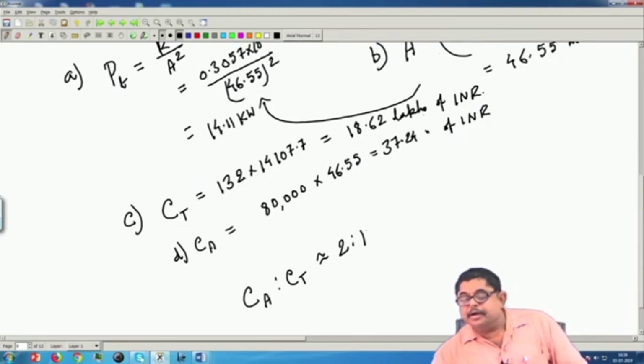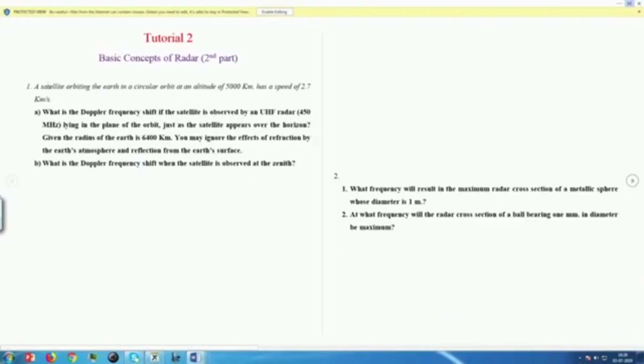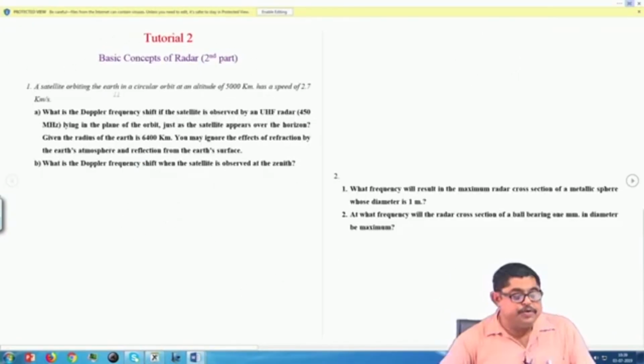Then let us come to the other problem. This is also problem 1 of chapter tutorial 2. A satellite orbiting the earth in a circular orbit at an altitude of 5000 kilometer has a speed of so and so. What is the Doppler frequency shift if the satellite is observed by a UHF radar operating at 450 megahertz lying in the plane of the orbit, just as the satellite appears over the horizon?